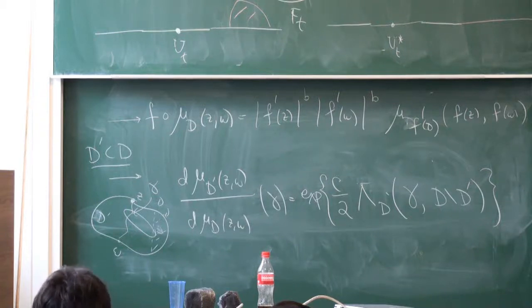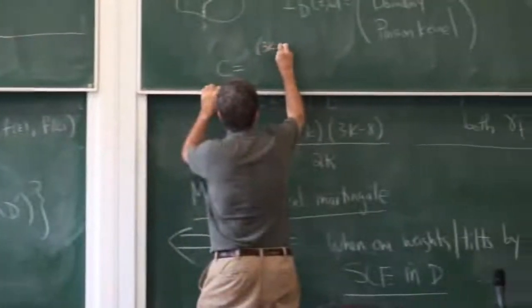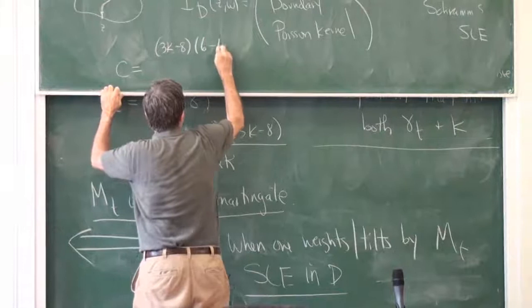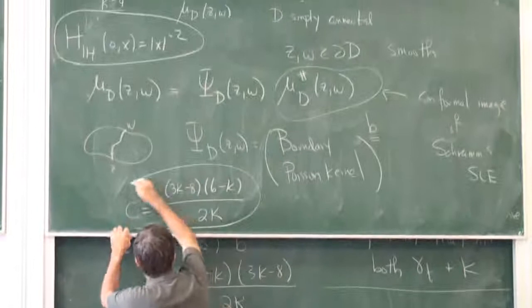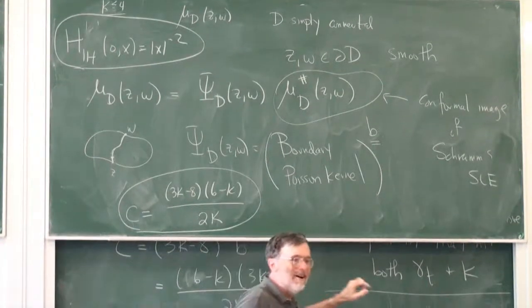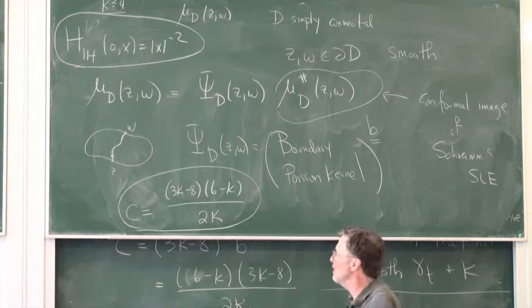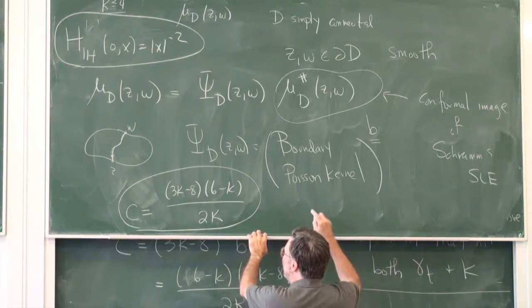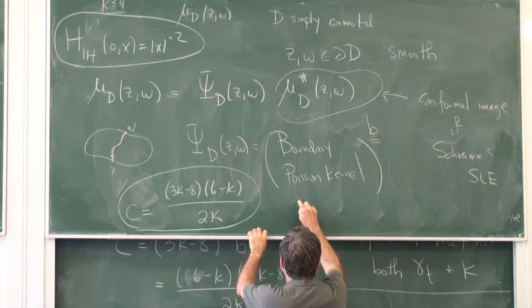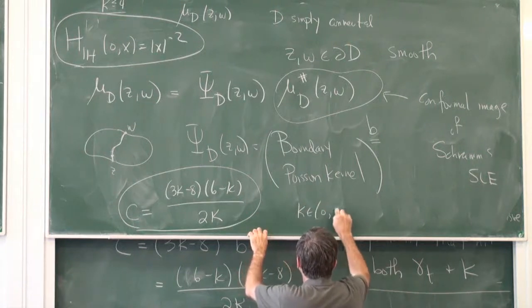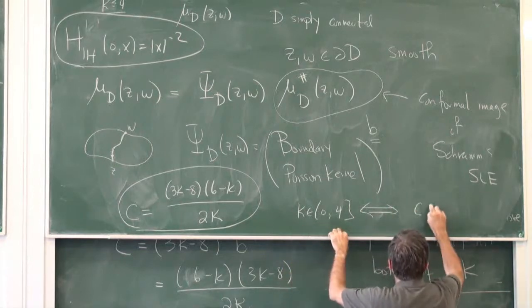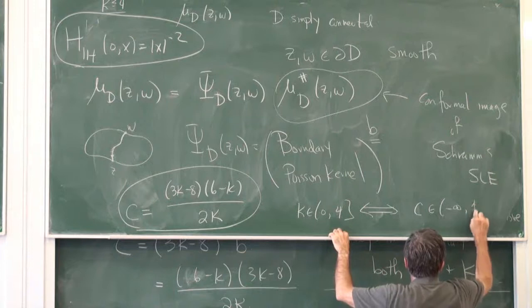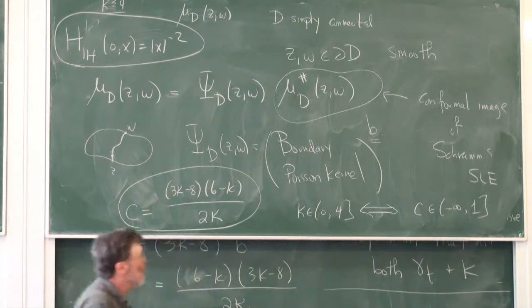Now, a few comments that I didn't make before. I'm going to put this formula up again. Slightly harder than yesterday's exercises, but not much harder, is that if kappa is in (0, 4], it's in one-to-one correspondence to c in (minus infinity, 1].